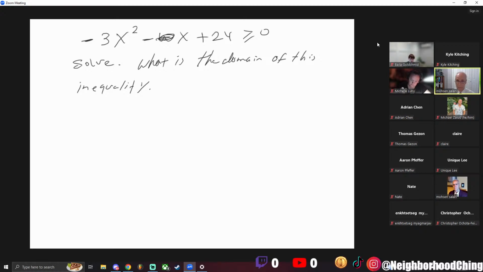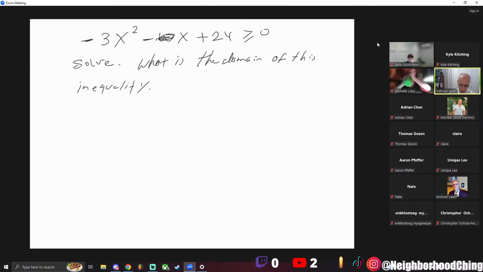Yes. What if x is 0.1, 0.2, 0.3? I mean, we can't sit here all night and just test numbers. So we might as well find the domain of this function. So from what number to what number does this inequality hold?